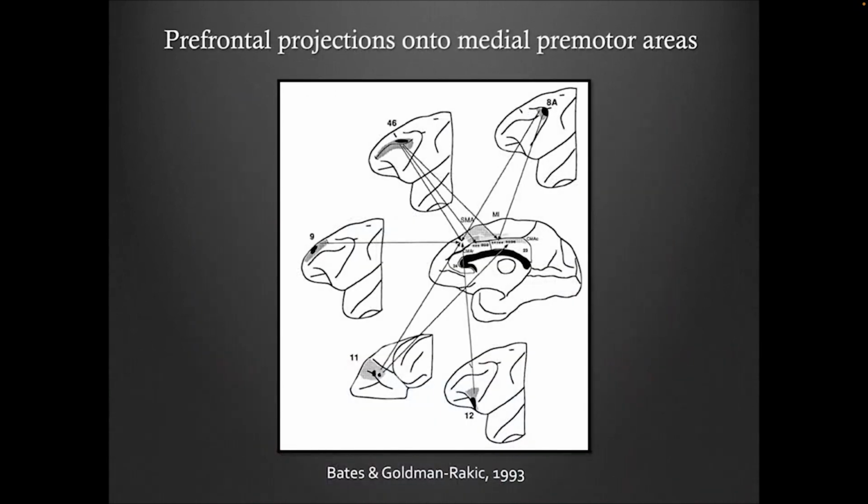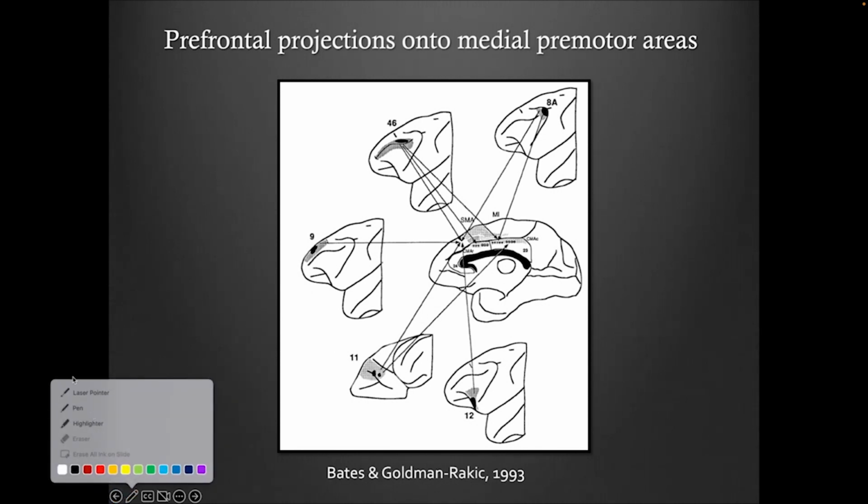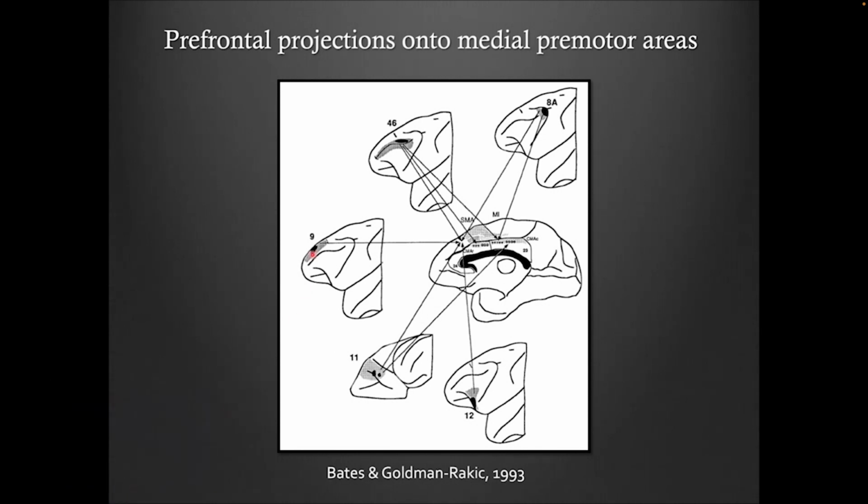And so to summarize what I tried to explain to you, there is this paper of Bates and Goldman-Rakic. I will try to show you with a laser pointer. You see that this is the connectivity between different areas of the prefrontal cortex of the monkey and the medial premotor and cingulate regions.